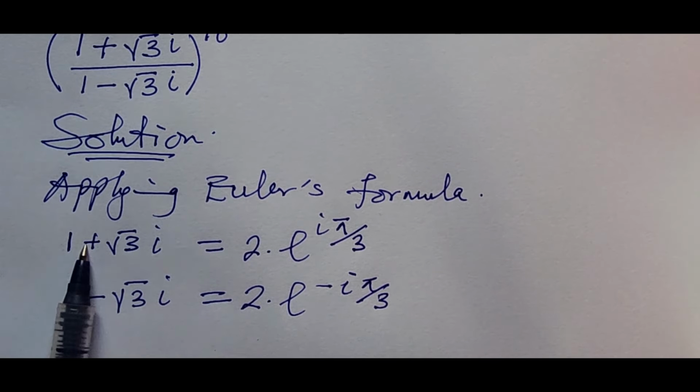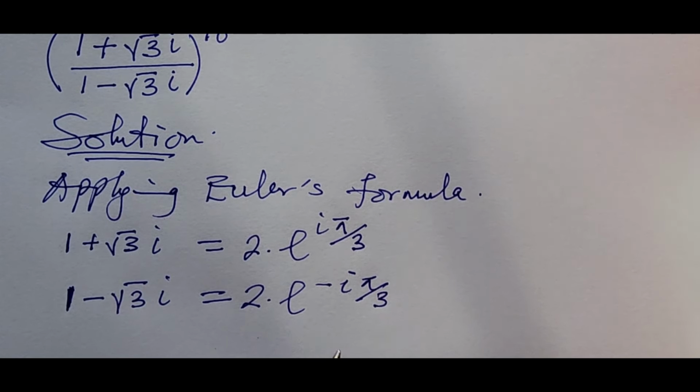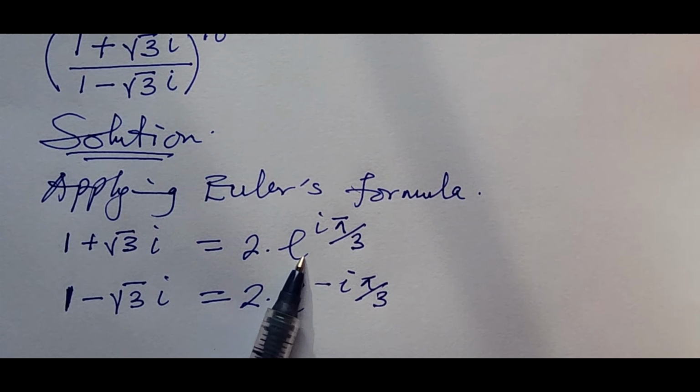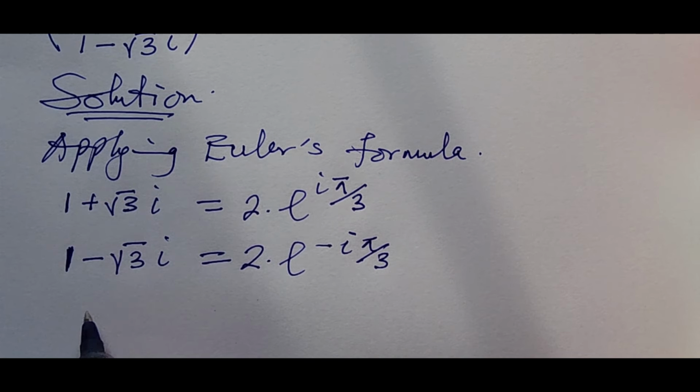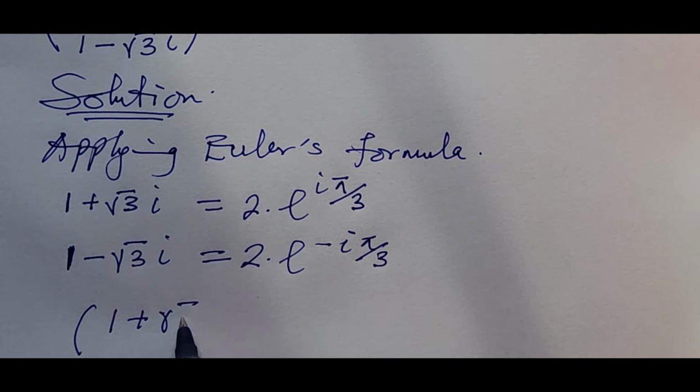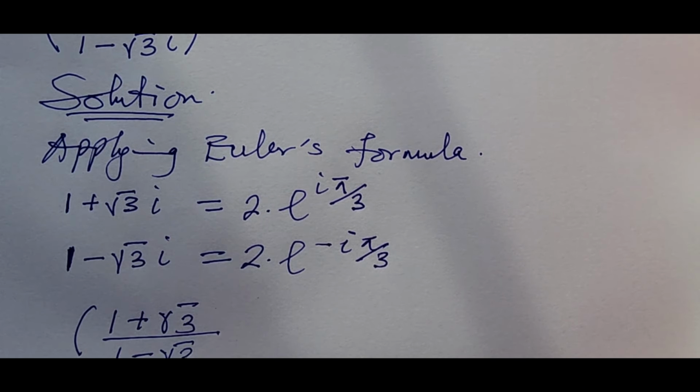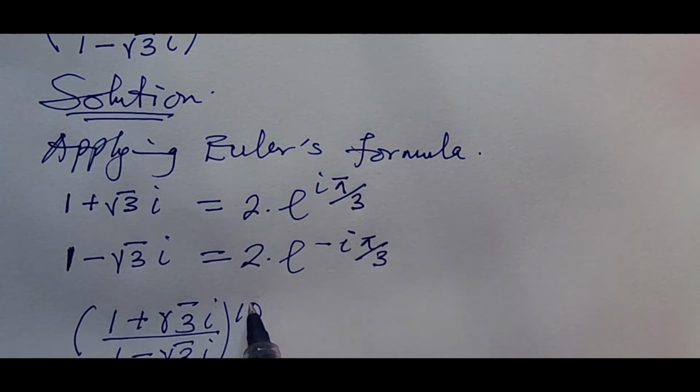So if we have this to be this and this to be this, then we can put the whole of this into this equation. And so this is going to give us bracket open 1 plus the square root of 3 iota all over 1 minus the square root of 3 iota all raised to the power of 10.